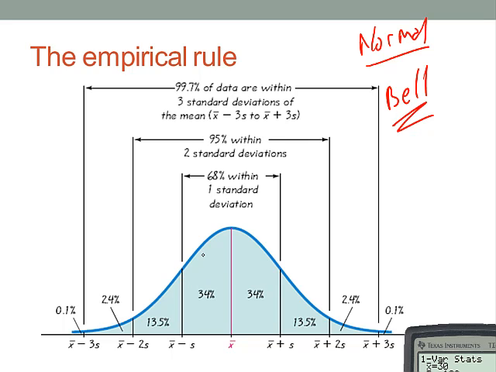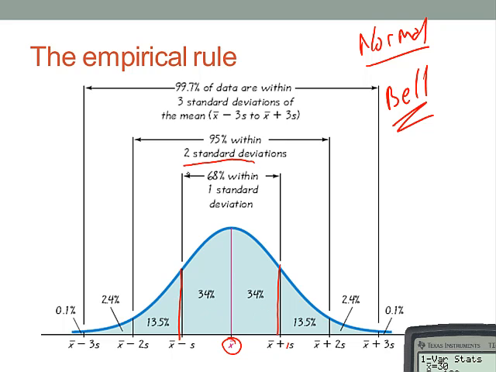So some things we're going to learn here is how we can figure out these values. So one standard deviation from the mean. Here's the mean at x bar, and x bar plus one standard deviation. We have 34% of the data to the right and 34% to the left.